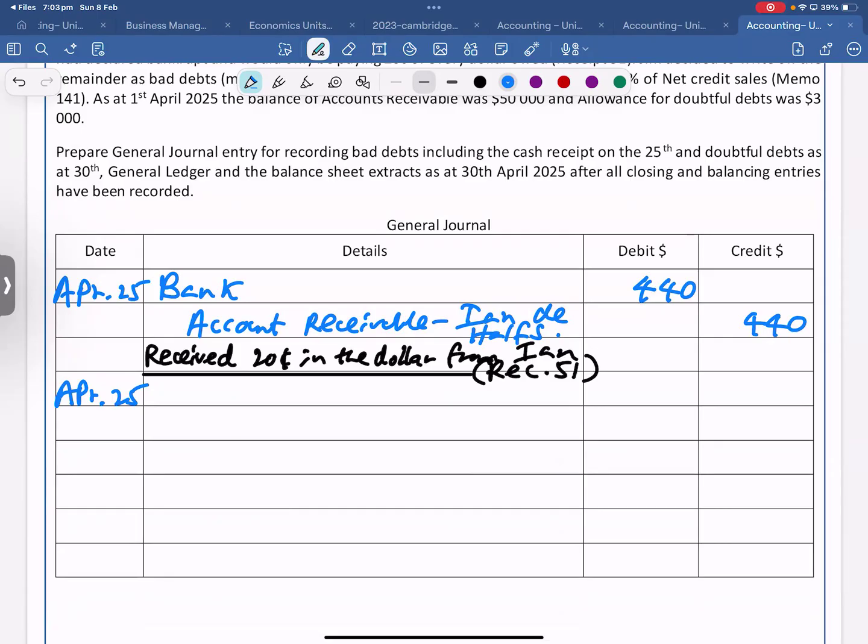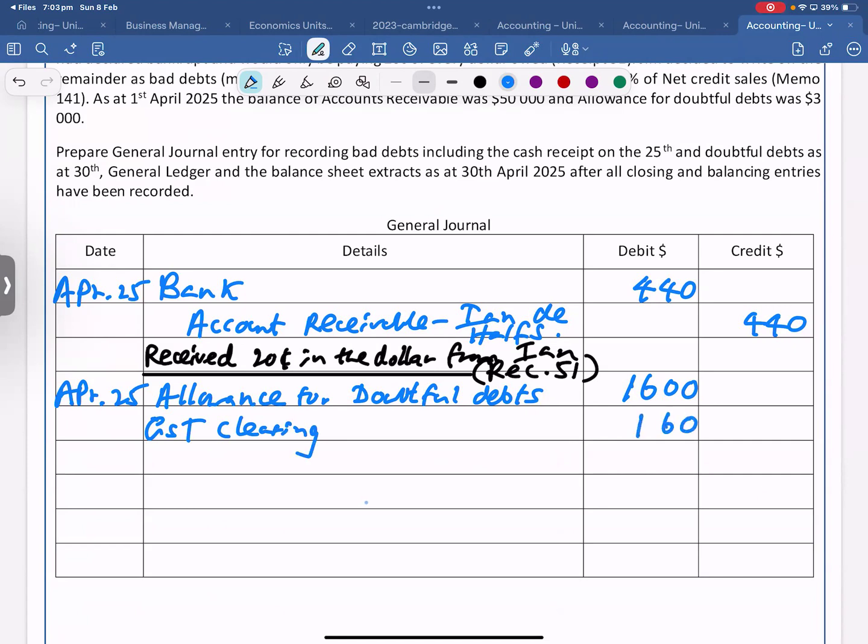What's the double entry then? Debit bad debt, allowance for doubtful debt. How much? 1,600. Then debit GST clearing, how much? 160.